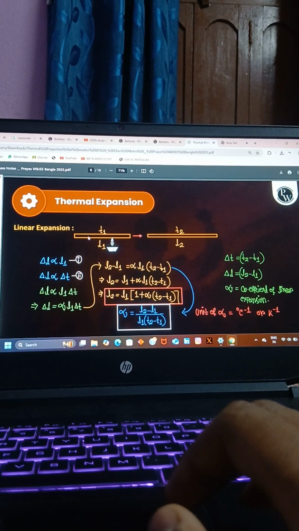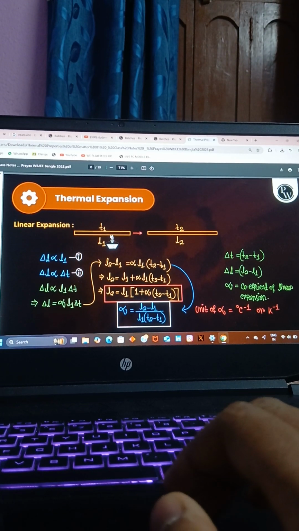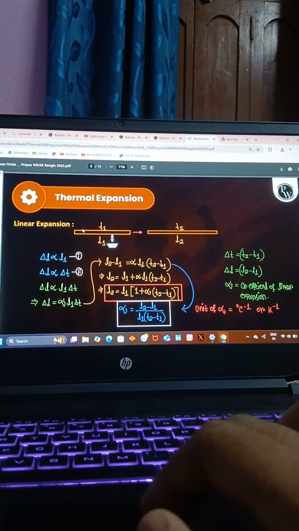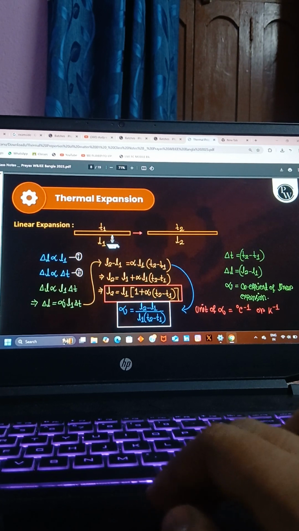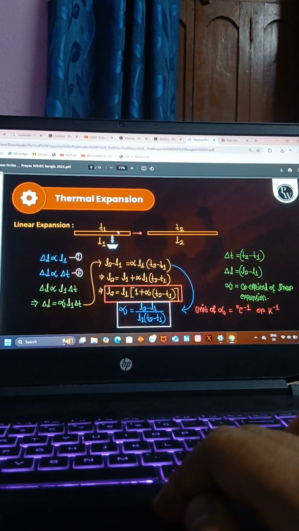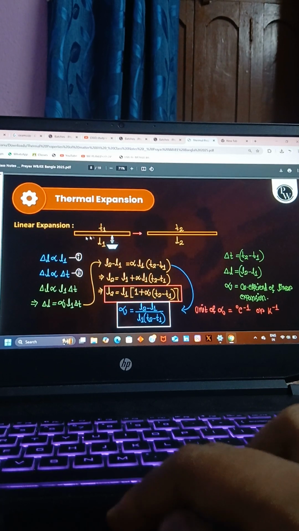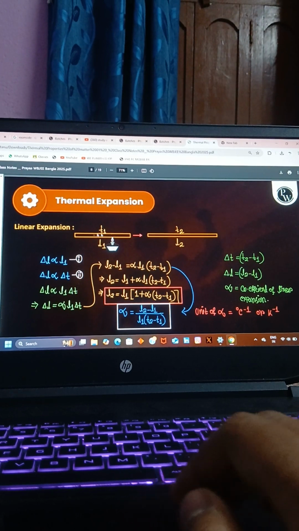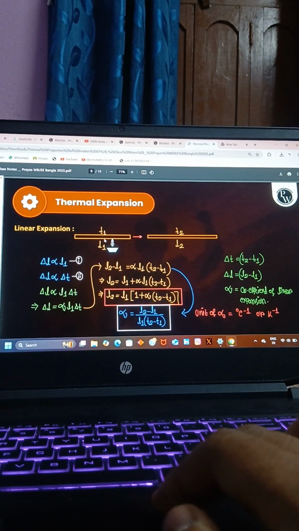Let's assume that we took a metallic rod and we heat the rod continuously. There is already a temperature of the rod given by T1, and the length of the rod is L1.